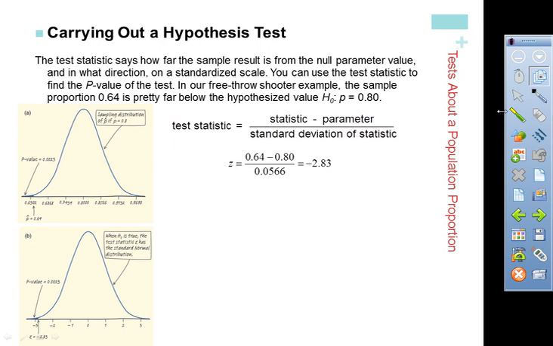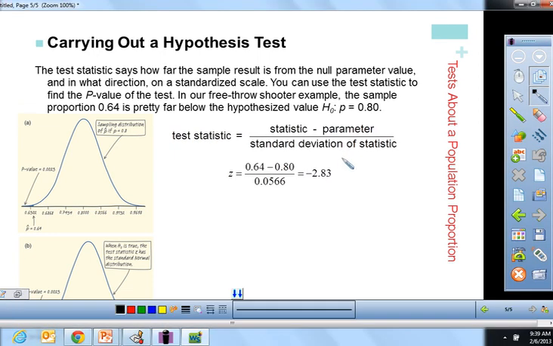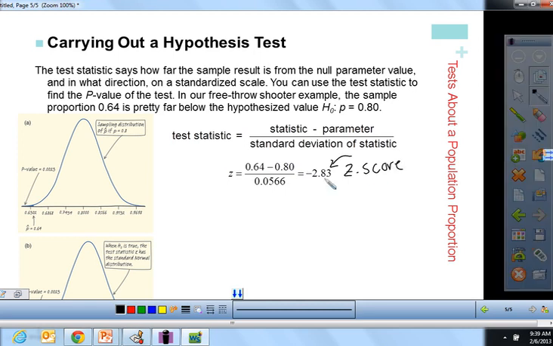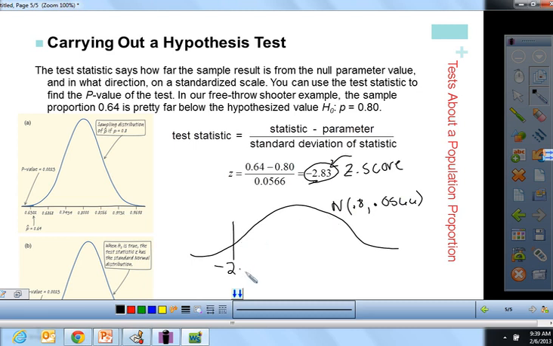This is a z-score. This is a standardized score, right? So I want to know what's the probability of getting this value or something more extreme. When I draw my curve here, it's normal with the mean at 0.8 and the standard deviation of 0.0566. What's the probability of getting a negative 2.83 or something more extreme?